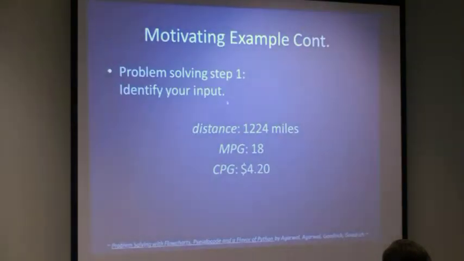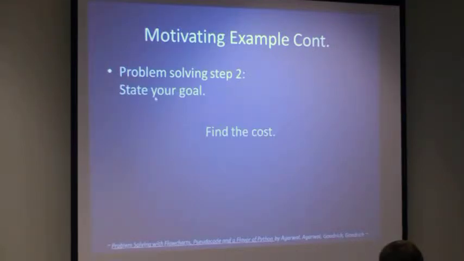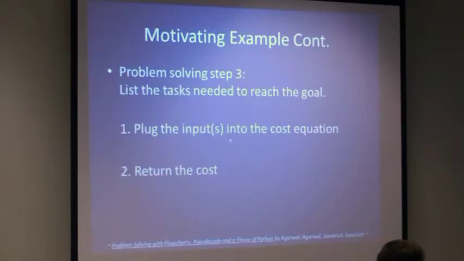Okay, so identifying the input, there are 3 of them right here. There's not much to discuss here. And the goal is to find the total cost, right? So how do you do that? By plugging in the inputs into the given equation and then returning or printing out the cost, same thing.